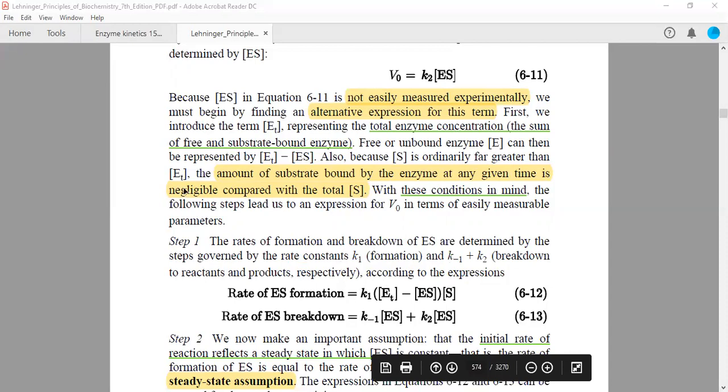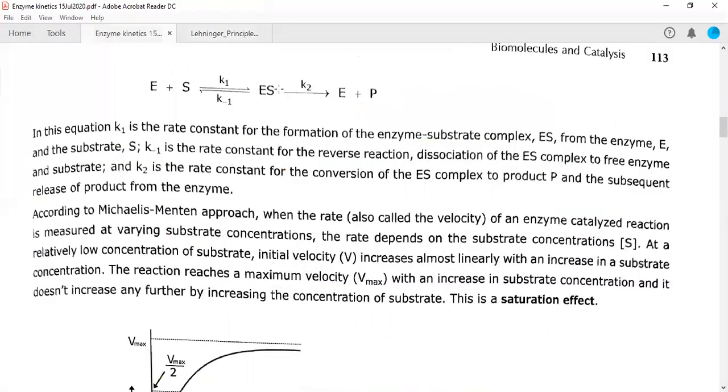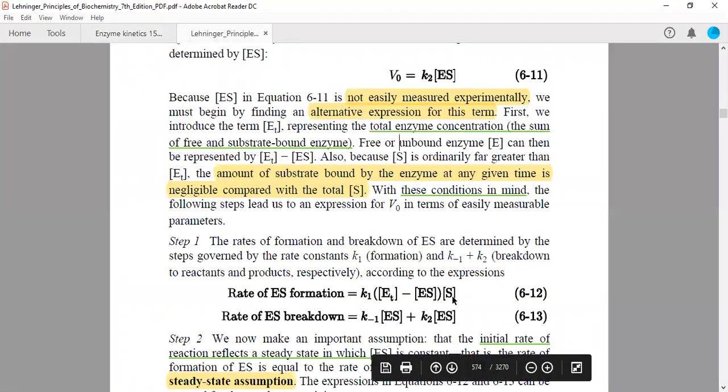For the formation of the enzyme substrate complex, you have only one reaction with a constant called K1, and two reactants, enzyme and substrate. For the enzyme we have taken ET minus ES, the free enzyme concentration, and this is multiplied with the substrate, with K1 as the rate constant. This is the rate of ES formation.